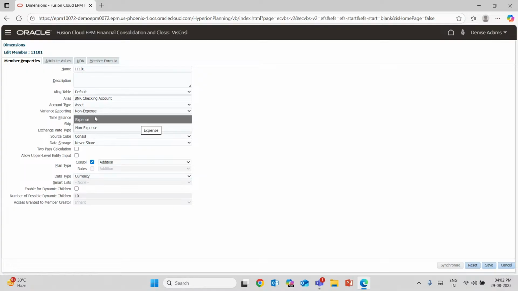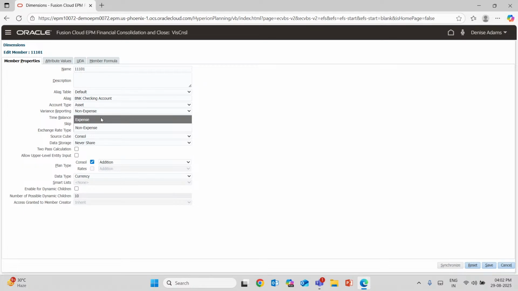This variance reporting is used to set the behavior of the account during the various reporting. For all liability and equity we take expense, and for all assets and revenue we will take non-expense. The motive is why we take expense and non-expense in this variance reporting.